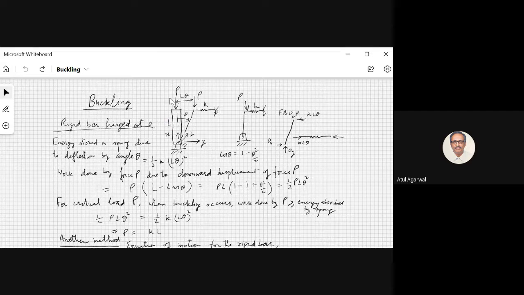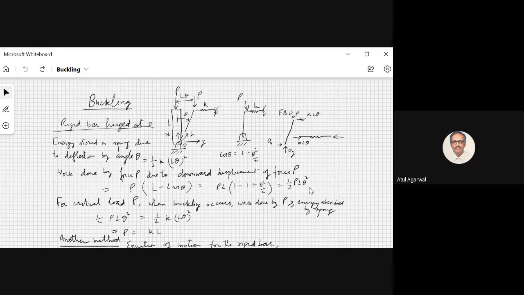If you take it as a gradually applied force, it should have been half. If you expand cos theta around theta equal to 0, you get 1 minus theta square by 2. This is just by Taylor series; I think I have done it before. So you get the work done by force P as half PL theta square.